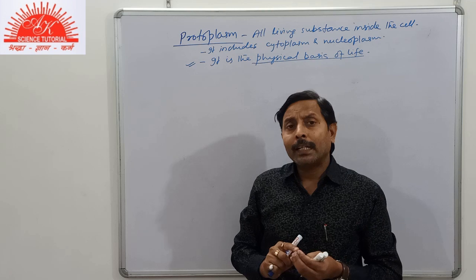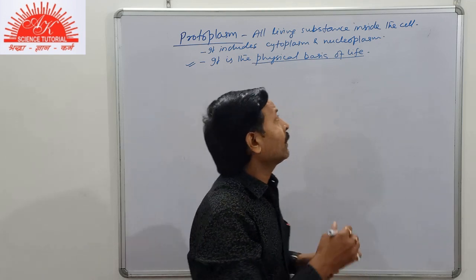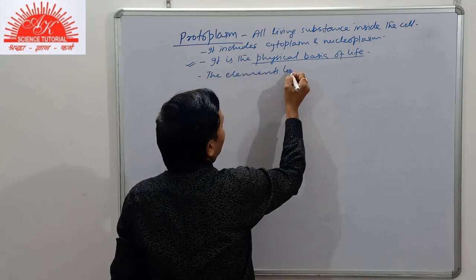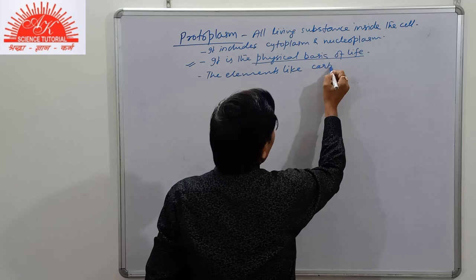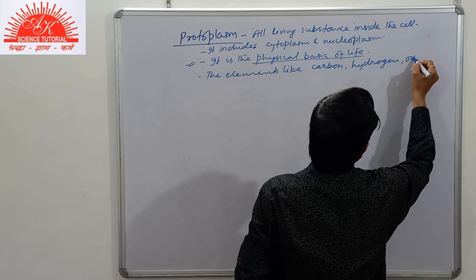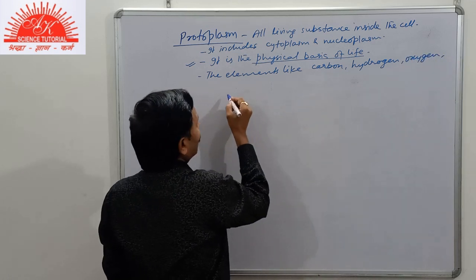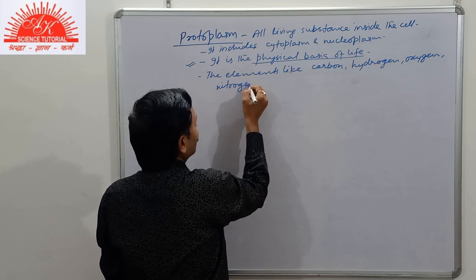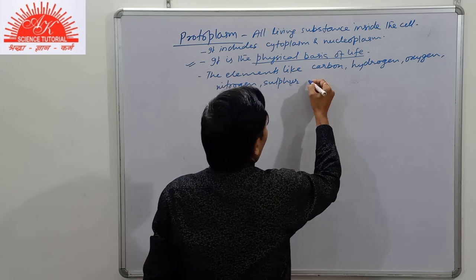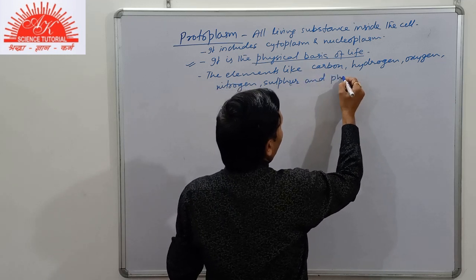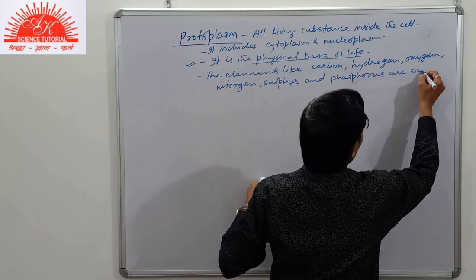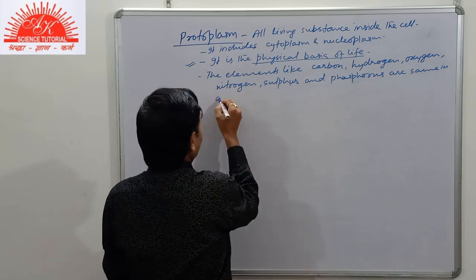The elements in its chemical substances, like carbon, hydrogen, oxygen, nitrogen, sulfur, and phosphorus, are the same in all cells.